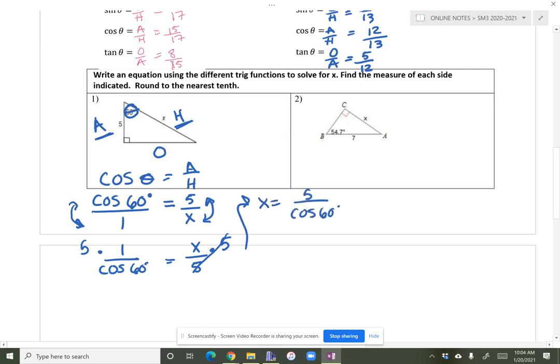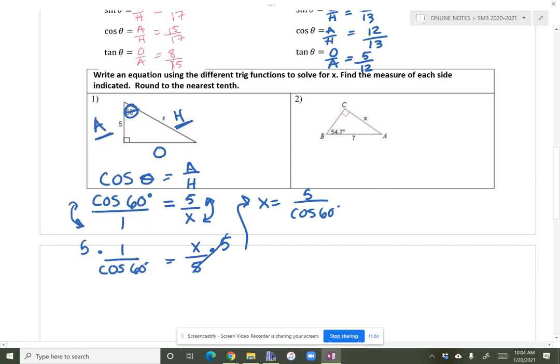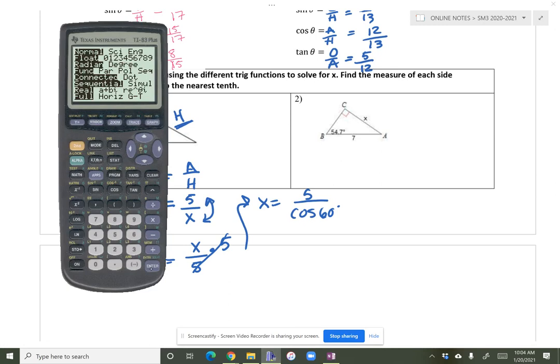And I'm going to grab my calculator. I'm going to first make sure that my calculator is in degrees. So I'm going to go to the mode button and see this third one down where it says radian. I need to move it over to degrees, and I'm going to push enter.